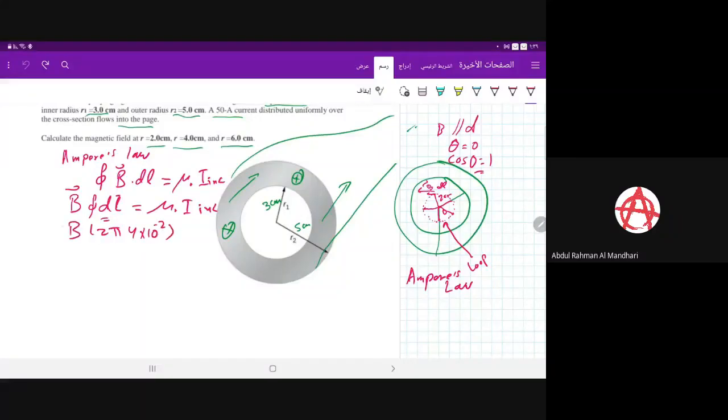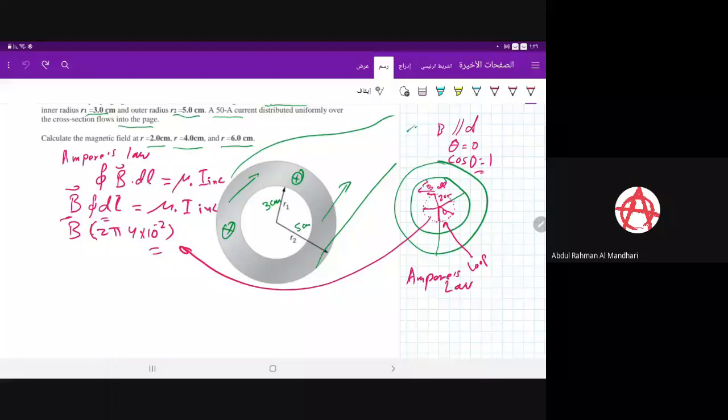And this is B. So we are putting the numbers directly. Instead of writing 2πR, the summation of dL is 2πR, the circumference of that small circuit here. This will be equal to mu naught I.